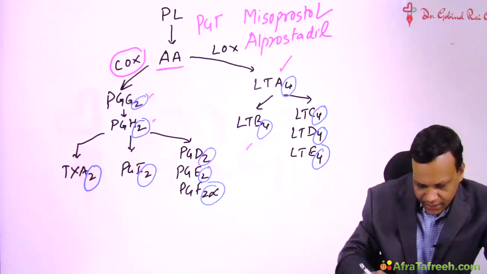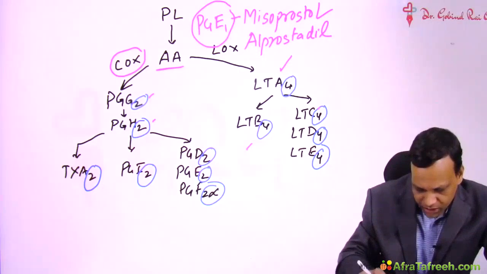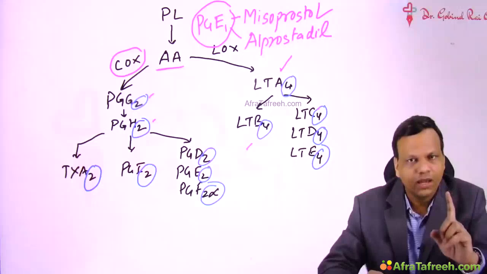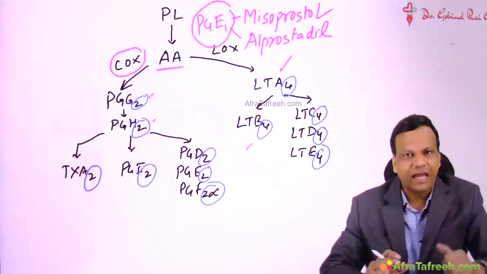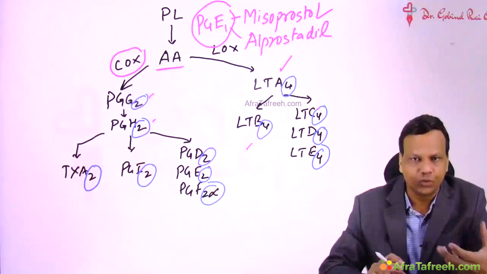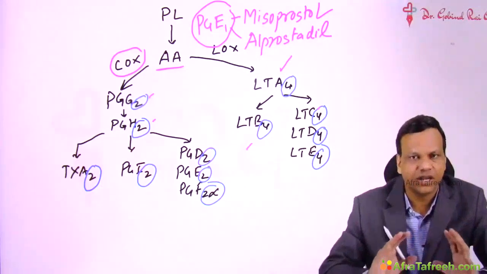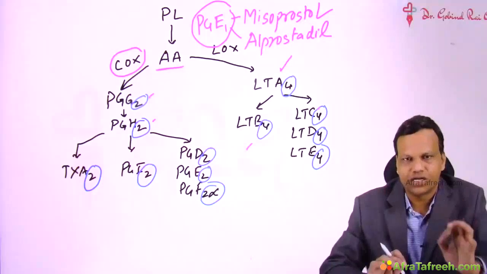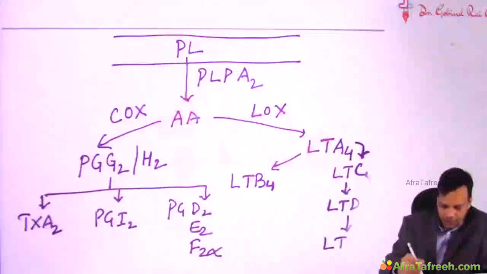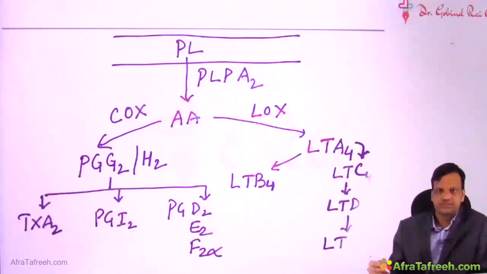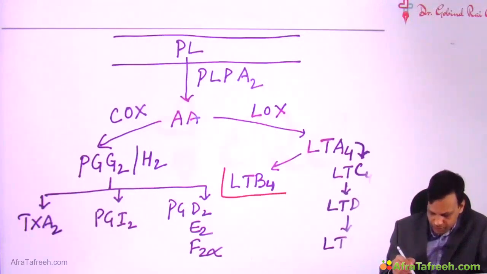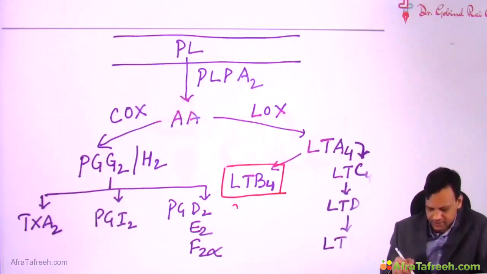They are synthetic compounds. They contain 1 double bond only, but they work like endogenous prostaglandin E2. Their function is exactly the same as prostaglandin E2, but chemically they are prostaglandin E1. Clear?